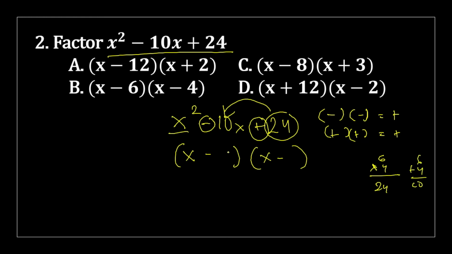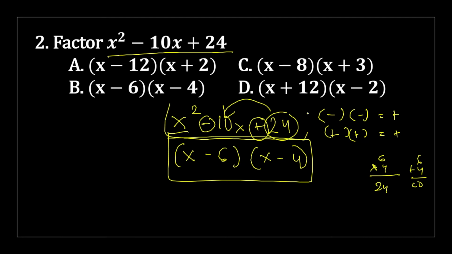So we'll consider 6 and 4. So this is now our factor. To check it, you just use FOIL to multiply both binomials, and if you get this as your answer, then you are correct. In this case, the answer is letter B.